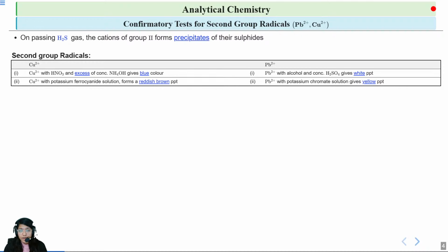And when lead ions Pb2+ react with potassium chromate solution, it gives yellow precipitate. Yellow precipitate of which compound? Lead chromate, PbCrO4. So these reactions are used in qualitative analysis to identify these cations based on their characteristic precipitate and color changes.